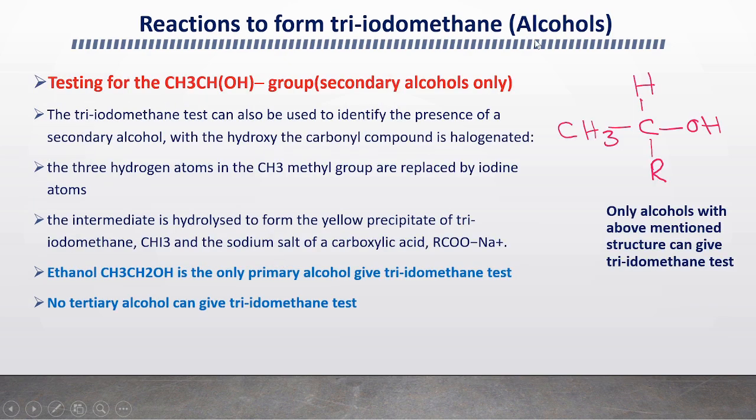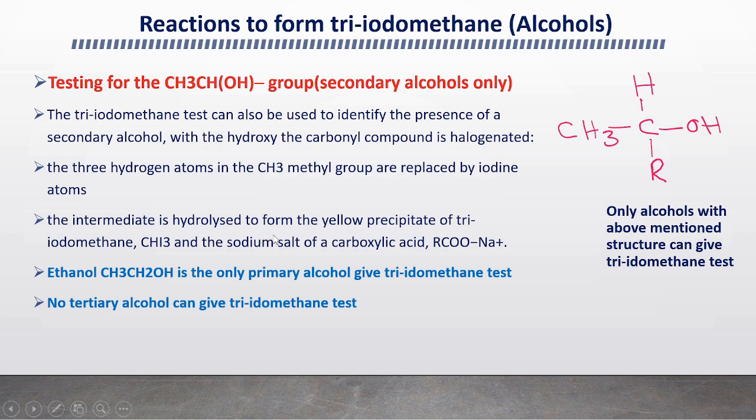Reactions of triiodomethane with respect to alcohol. Now see this one. This is a kind of alcohol which contains CH3CHOHR. So only alcohol with the above mentioned structure can give the triiodomethane test. So it can be given by secondary alcohol, which is oxidized to a carbonyl compound, and then the 3 hydrogen atoms in the CH3 methyl group are replaced by iodine atoms.